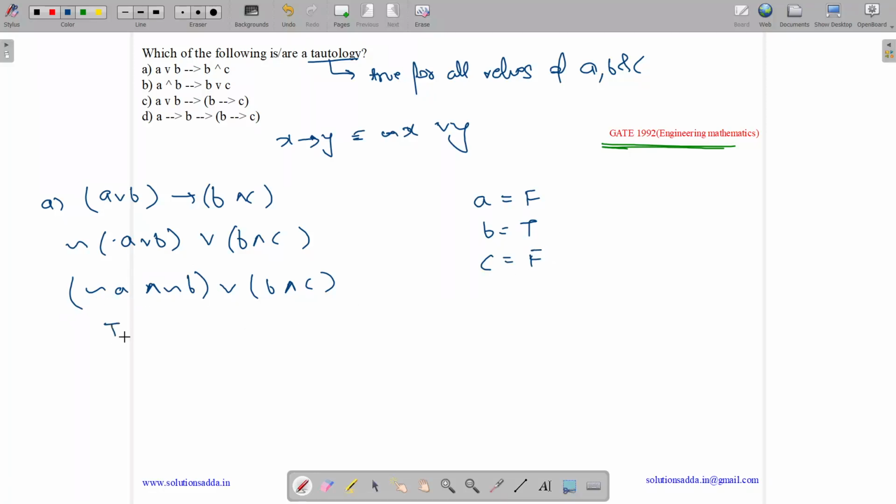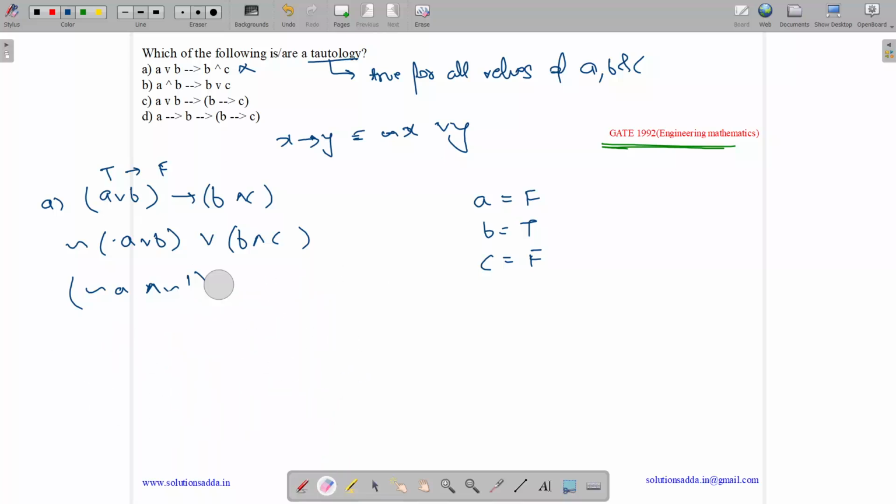Negation of false is true, true and negation of B. Negation of B is false, true and false is false, or B is true, true and false is false. So false or false is false. As here A or B will come out to be true, true implies B and C, which comes out to be false. So this is not a tautology.